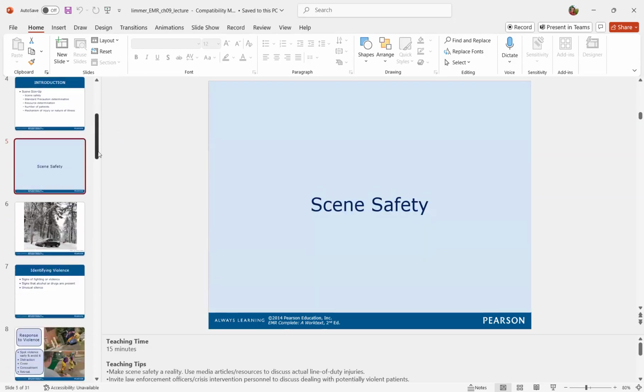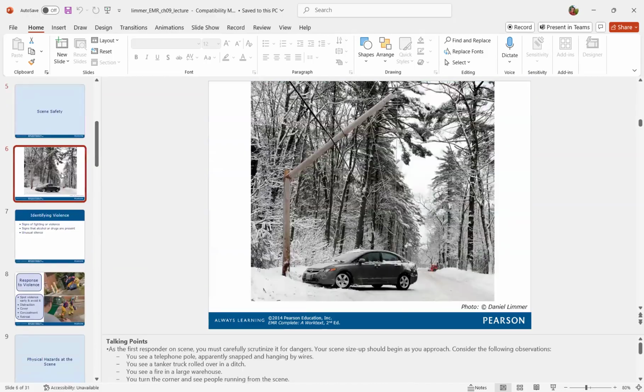So scene safety, when it comes to scenes like this, as a first responder on scene, we have to carefully scrutinize our area for dangers. So our scene size up should begin as we get the call, I think, right? And as we're going to a call, we're driving a lot of times our personal vehicles, making sure that we have our seatbelt on, things are safe. When we get there, we're observing the scene as we approach, maybe things that are leaving, people are running around, things happening.